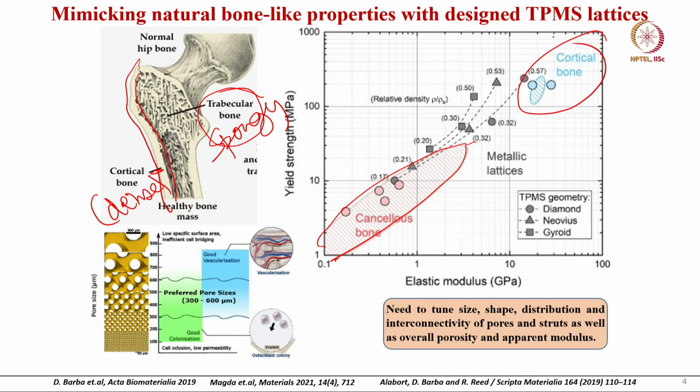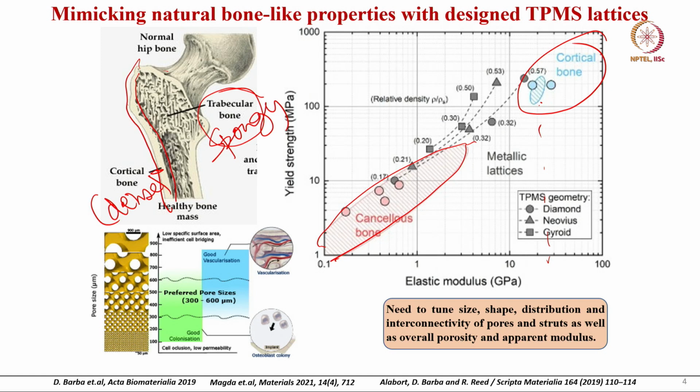For cortical bone, the elastic modulus is somewhere around 10 to 30 gigapascal, whereas cancellous bone is much less than 10 gigapascal. Whereas strength wise, cortical bone has much higher strength than cancellous bone, because cancellous bone is a spongy bone, a porous structure, therefore mechanically weaker.